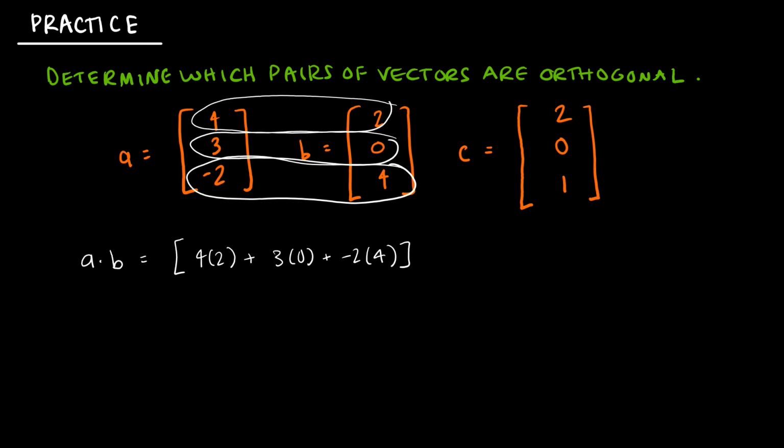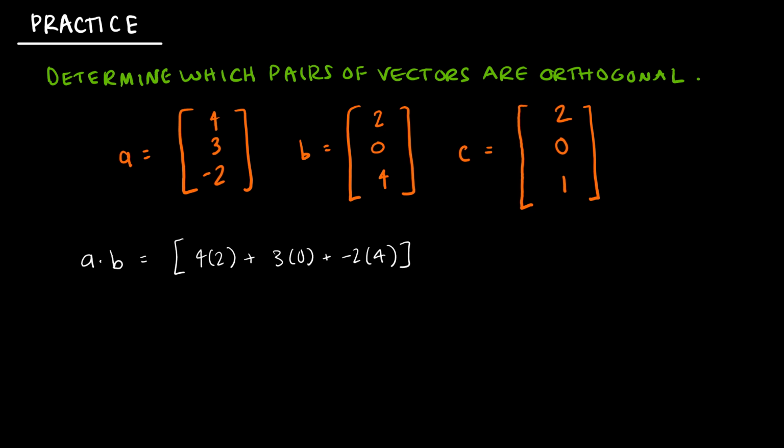You can certainly turn it into the transpose if you want, but I'm not ever going to do that. 4 times 2 is 8, 3 times 0 is 0, negative 2 times 4 is negative 8, and therefore my inner product is 0, and A, B are orthogonal vectors, which means if I were to graph these, which would be more difficult in 3 dimensions, they would in fact be perpendicular.